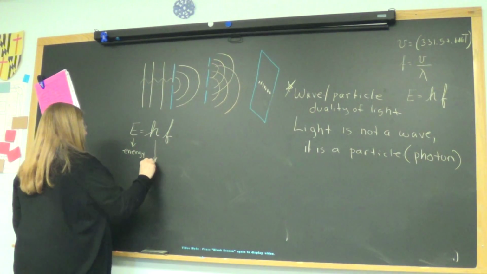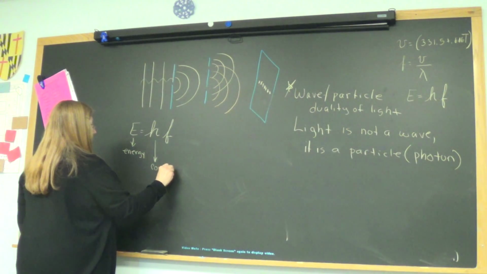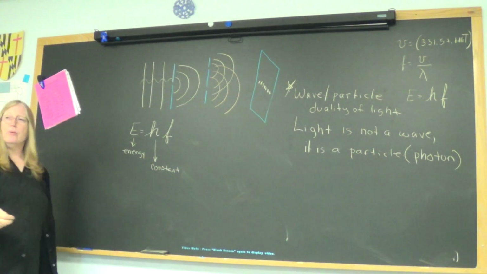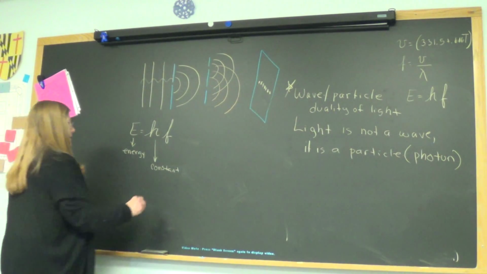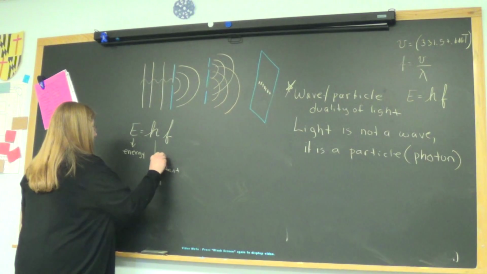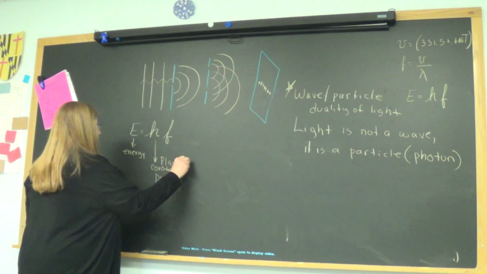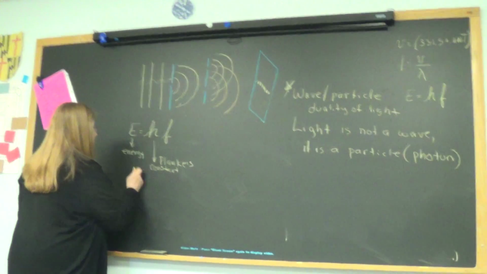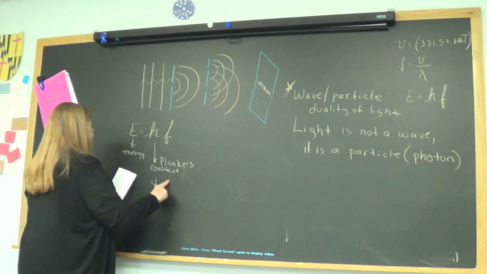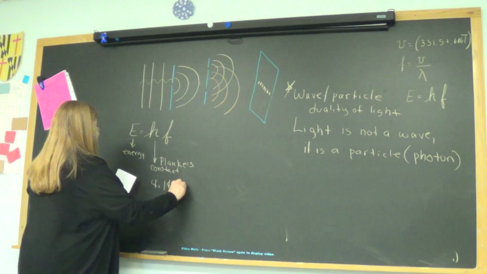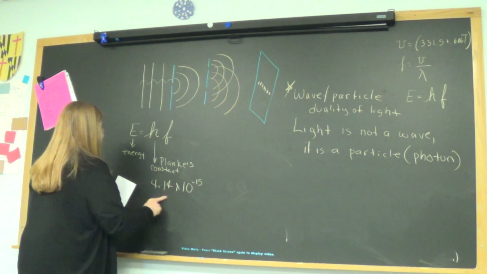h is a constant. That constant changes depending on what units were used, so I'm just going to teach you one. The book does present both. If you're curious, you can read about what the other constant is. It's called Planck's constant, after the guy who found it, and it is 4.14 times 10 to the minus 15.